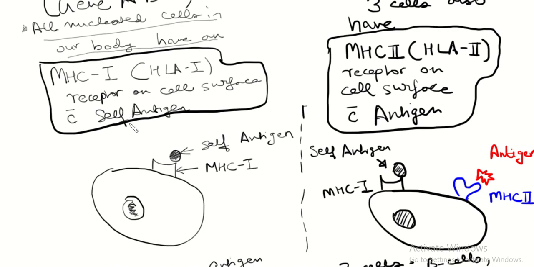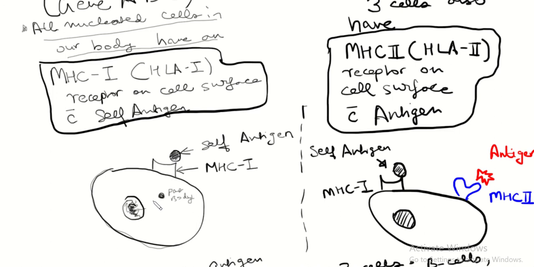So what does that mean? That means, so this is my cell, okay? This is my wonderful, beautiful cell. This is my nucleus with my DNA in there. Essentially, there's an antigen which this cell takes in, which is a self-antigen, or it's part of my body.